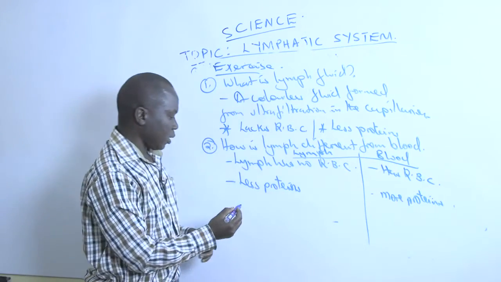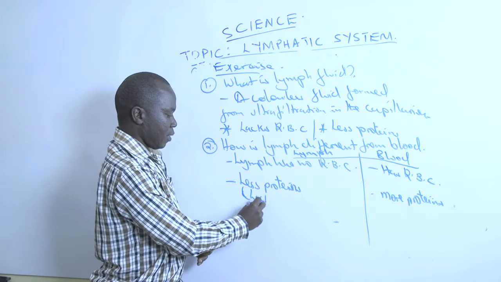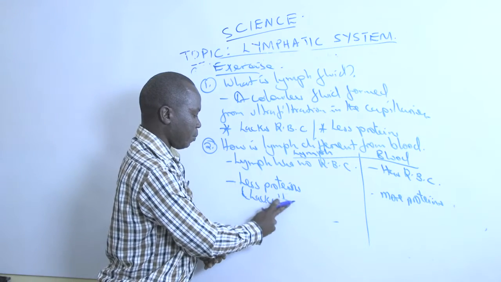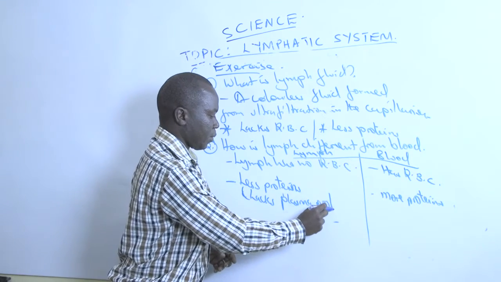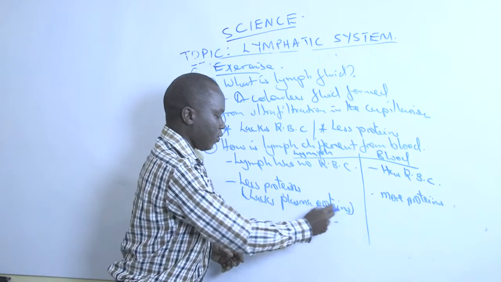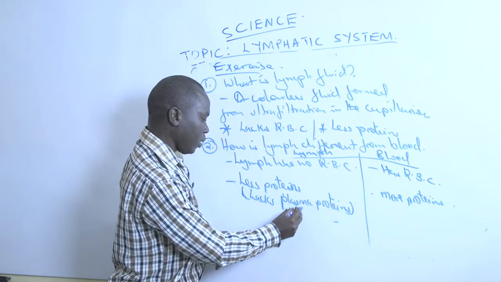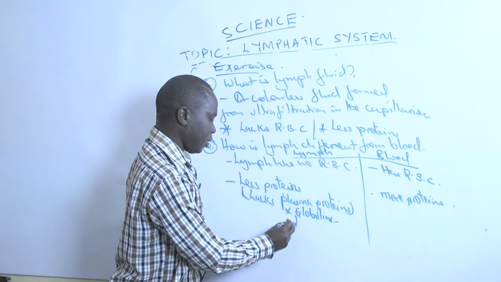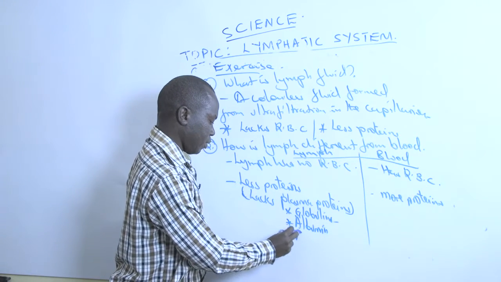When we say less proteins, lymph lacks blood plasma proteins. For instance, we have already come across plasma proteins: we have globulins, albumin, fibrinogen.